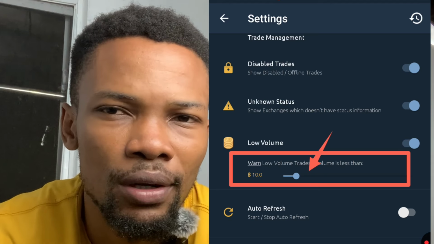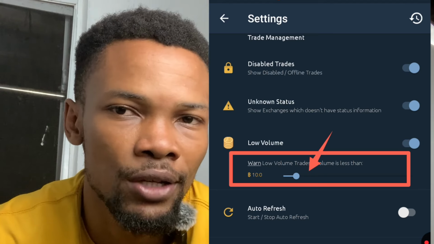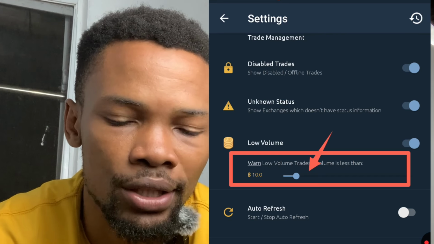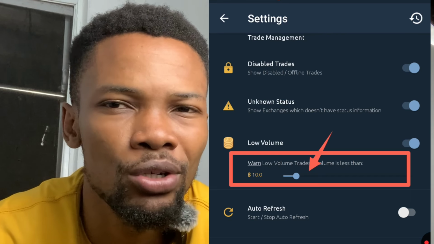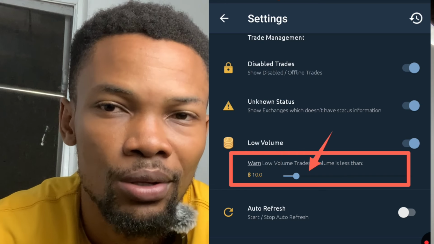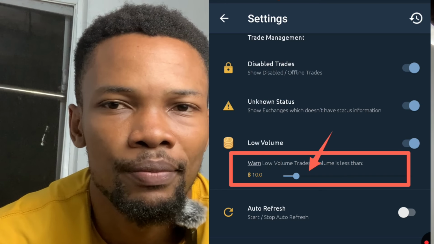But if you increase it, you will not be able to see low volumes. If you reduce the volume, it simply means you want to trade with low volume or high volume crypto. Trading with low volume crypto can be a problem sometimes, simply because few people are trading with it, and there's a reason why only few people are trading with it.